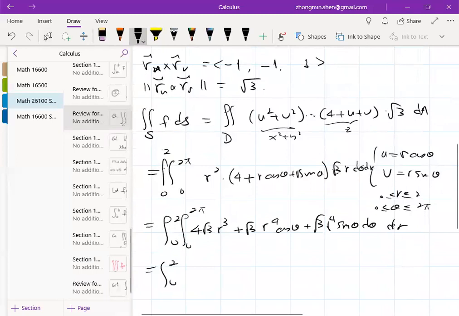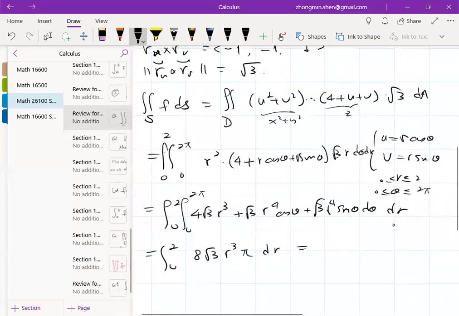So when you evaluate, all you have to use is just 4 square root of 3 times r cubed times 2 pi, so 8 pi. Okay. Then you find the antiderivative. The antiderivative will be 2 square root of 3 r to the 4th power, evaluated from 0 to 2. Okay, now it's possible to make small computation mistakes, but if everything's in logic, it's clear, and you get most of the credits.